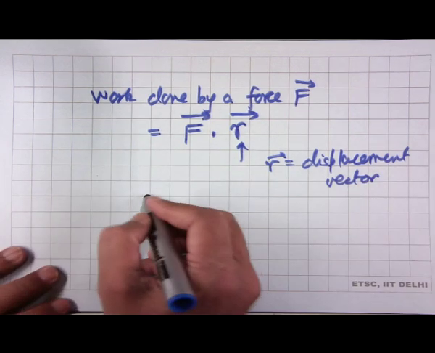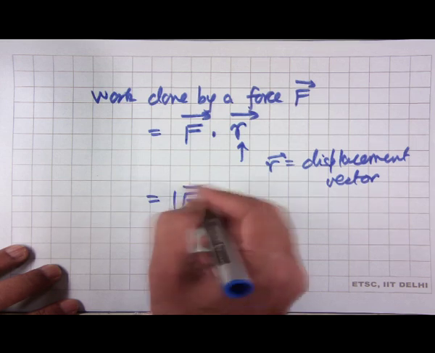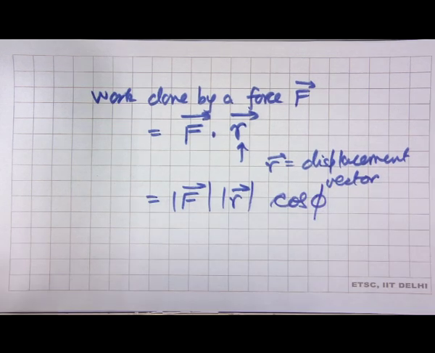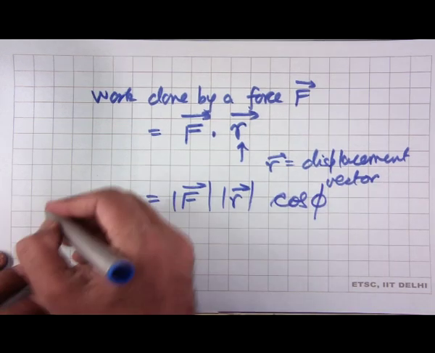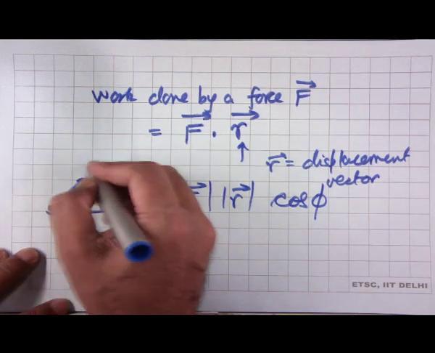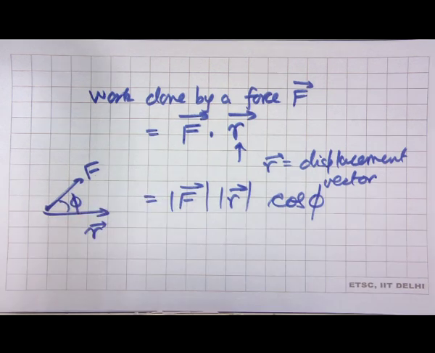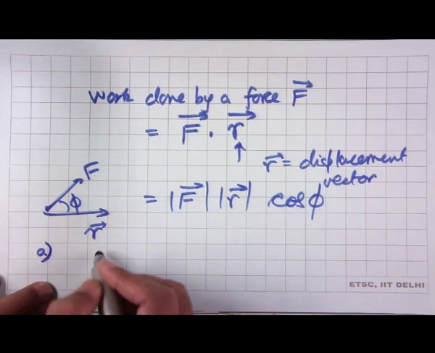And this we have also seen is equal to magnitude of F times magnitude of R times cosine phi. So, F is the force, R is the displacement, this is phi. Now, from here we see some special cases.